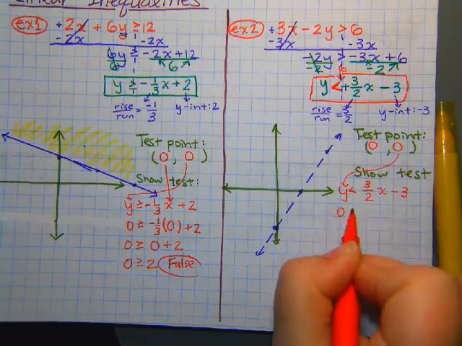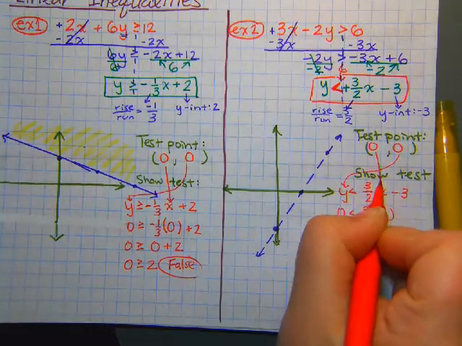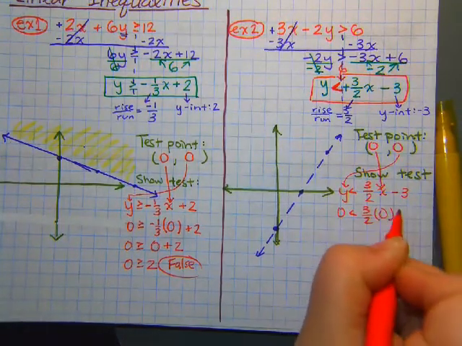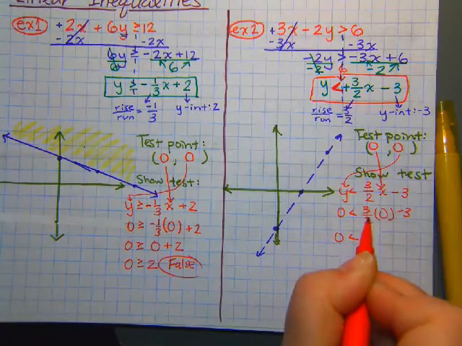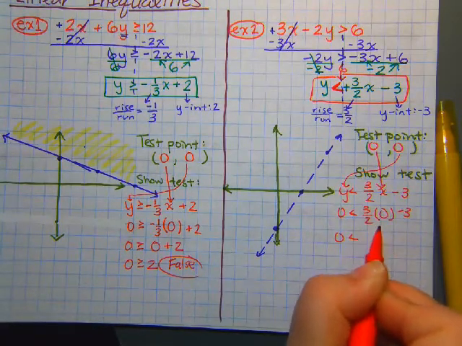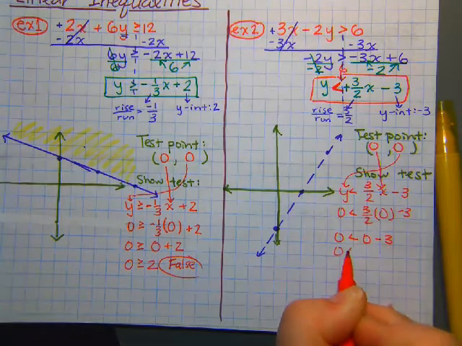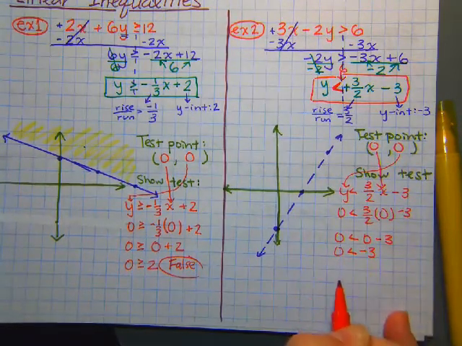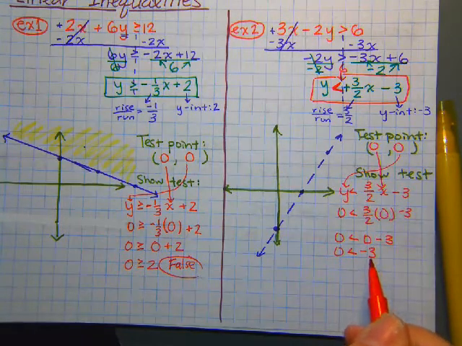So 0 is less than 3 over 2. And the x value in for x. So that's 0 minus 3. So now, do my math. 3 halves times 0 is 0 minus 3. 0 minus 3 is -3. So now I have 0 is less than -3.